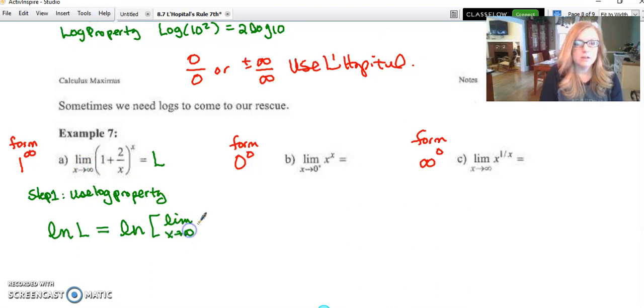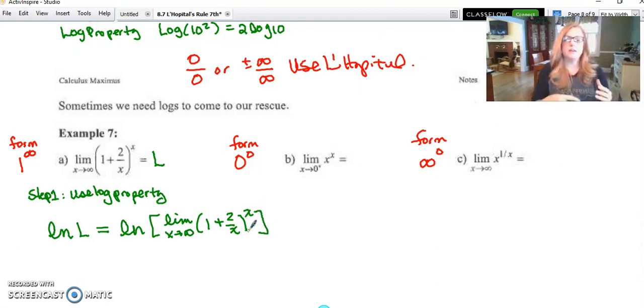And this is all good because the natural log is a nice function. It's one-to-one. The composition rule about calculating limits is that you can figure out where the limit of the inside goes, and if this goes to L, then this would equal the natural log of L. So that gets us to here.